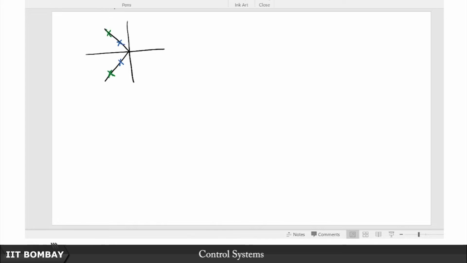So now you are asked to compare between the time domain responses, at least qualitatively, of the system whose poles are marked in blue and those of the system whose poles are marked in green. And how do you go about this business? So okay, let's see, this is the time axis, this is let's say the step response, the output axis. So what can we say about these two?